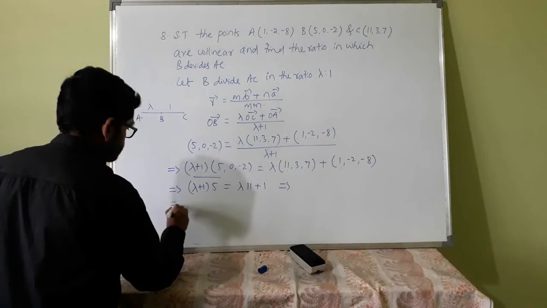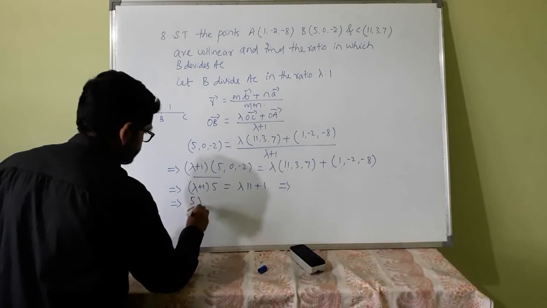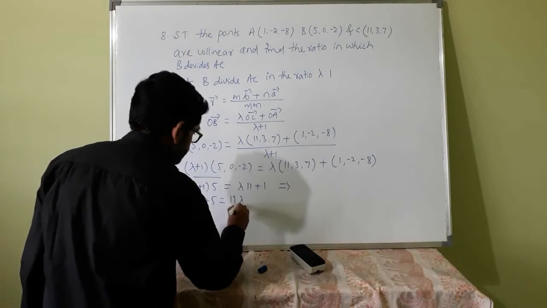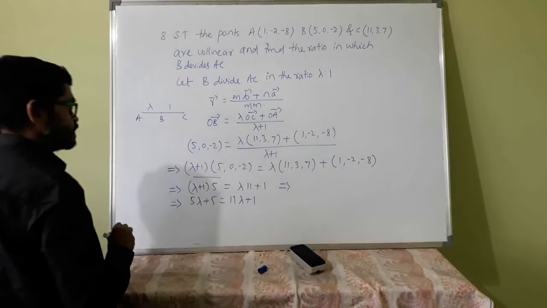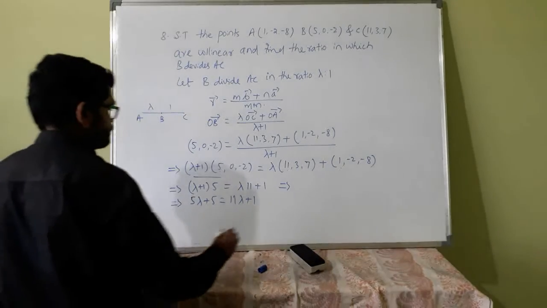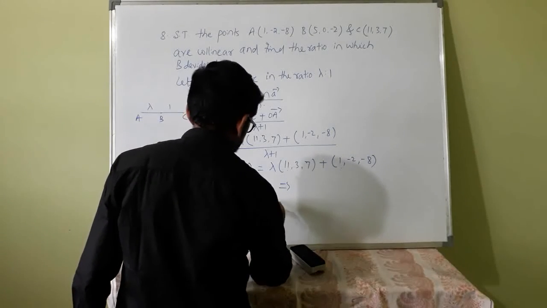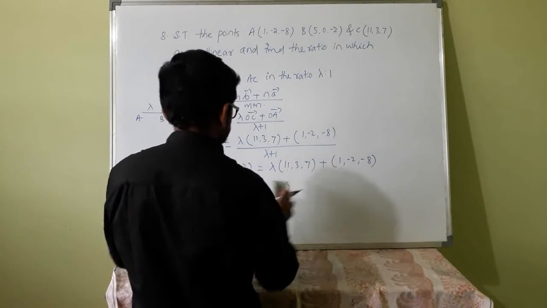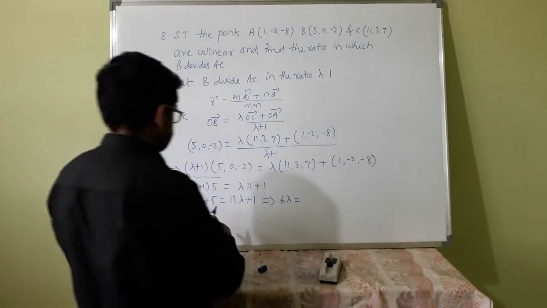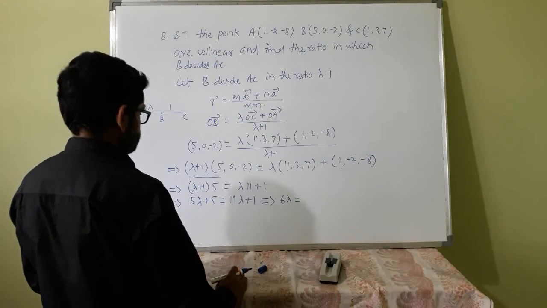That implies 5 lambda plus 5 is equal to 11 lambda plus 1, or 6 lambda is equal to 4.